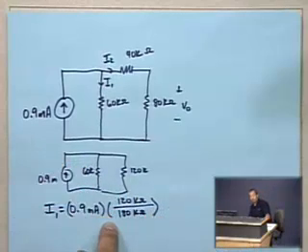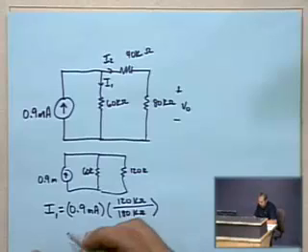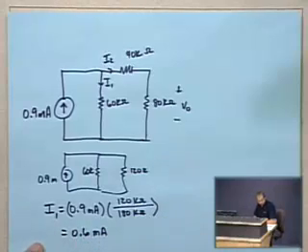The smaller resistance is going to get a larger chunk of the current that's running through it, 12 over 18, times 0.9e-3 is 0.6 milliamps.